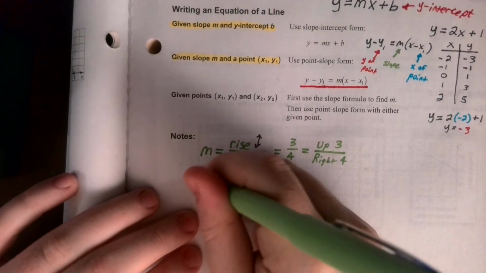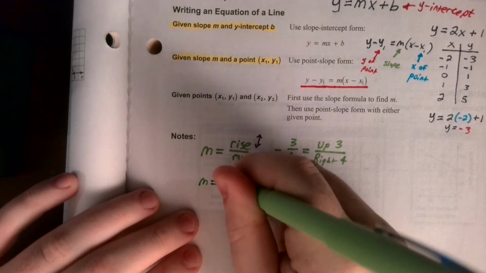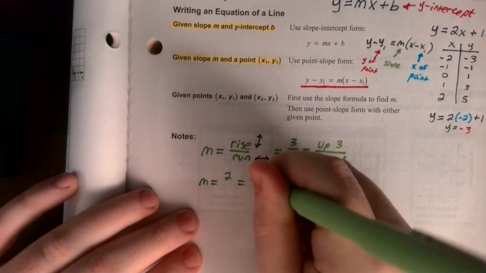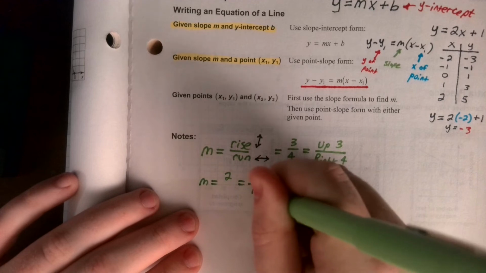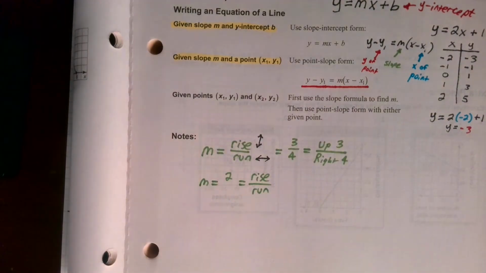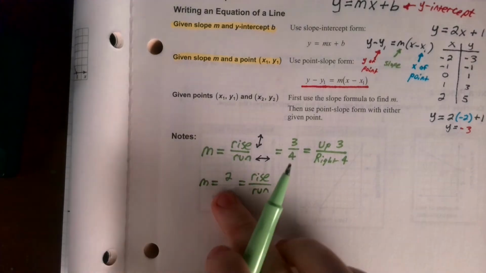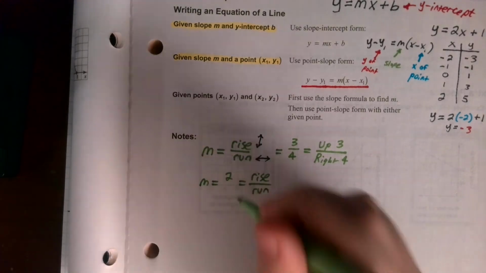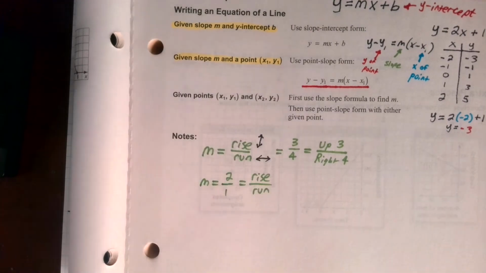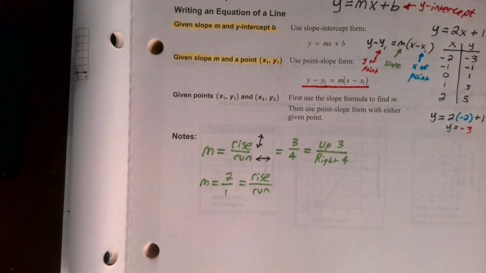Our m value is 2, but we're supposed to be able to put it into rise over run, right? But how can we turn it into rise over run if we only have one number? We recall that any whole number can be turned into a fraction very easily just by putting it over 1. Now we have a rise and a run.